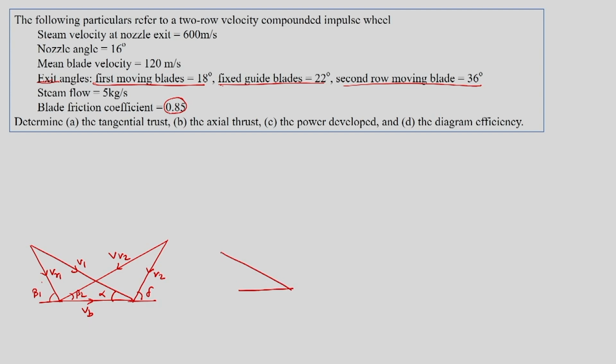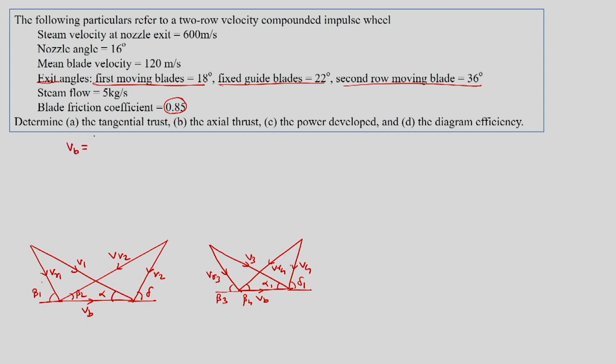So, VB will be the same, so this is VB and this is V3, this is VR3, so this is alpha 1, now this is beta 3, this is beta 4, this is the angle at the outlet, we will say it as delta 1. This is VR4 and this is V4. Knowing this, we can work out the example.